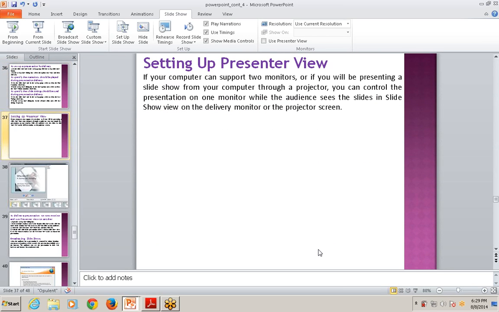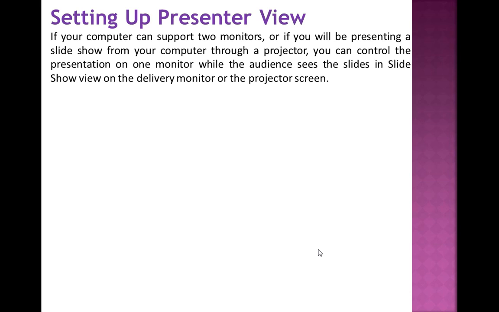Next is how to set up the presenter view. As the name suggests, presenter view means how a presenter or the audience will view the presentation. If your computer can support 2 monitors, or if you will be presenting a slideshow from your computer through a projector, you can control the presentation on one monitor while the audience sees the slides in slideshow view on the delivery monitor or on the projector screen.